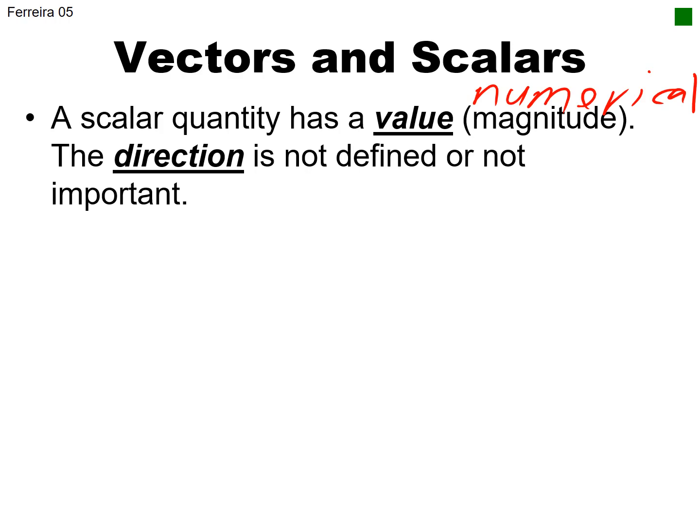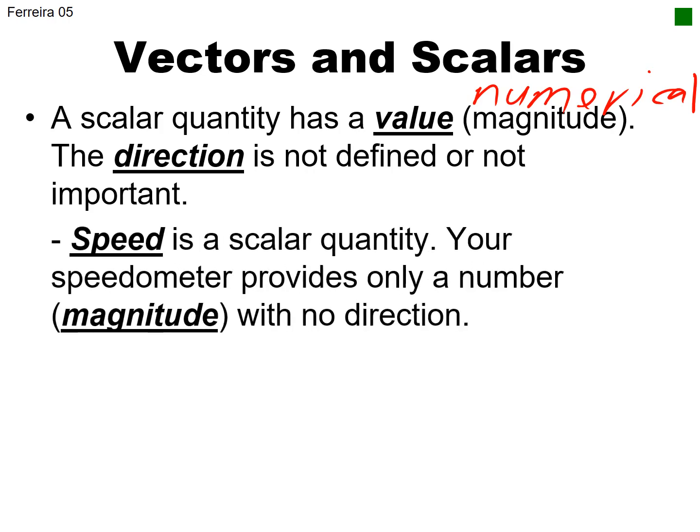So in a scalar, the direction is not defined, it's not important, we don't really care about it. Okay, an example is speed. Speed is a scalar quantity. When you're driving around in your car and you look at your speedometer, it only tells you how fast you're going. It doesn't tell you what direction you're going. There's a separate piece of information that would provide that direction component.